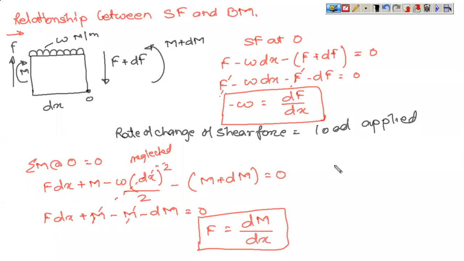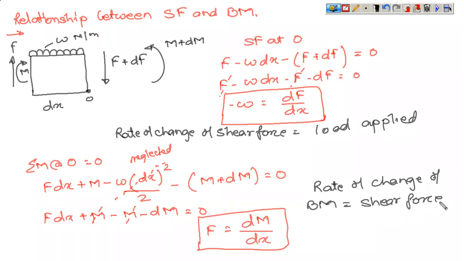Now F is equal to dM by dx. This statement says the rate of change of bending moment is equal to the shear force.